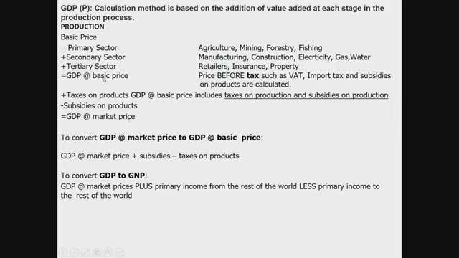But now we're working backwards because we're converting the bottom one to the GDP at basic price. So by working backwards, this is where your maths that you do in grade 9 comes into play. So because we're working backwards, it is GDP at market price, the minus now becomes a plus, and that plus then becomes a minus, to give us our GDP at basic price, right?